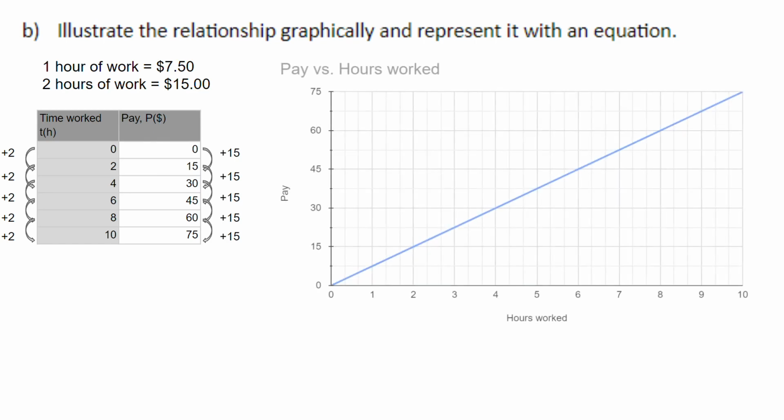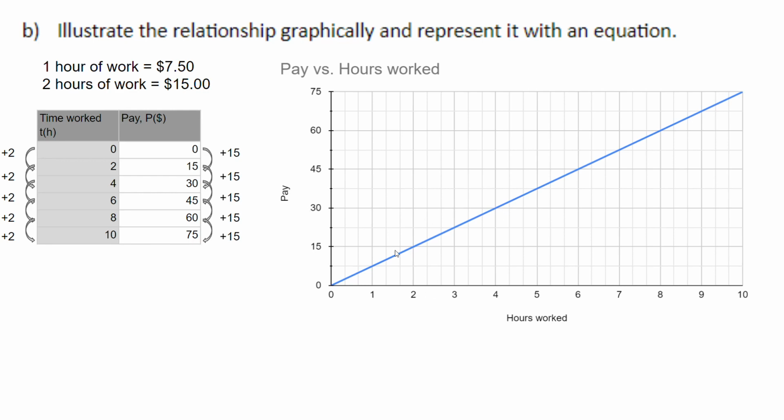So graphically, here's what it looks like. Notice how it starts at 0, 0 at the origin. And notice how the pay is always a multiple of hours. So at 2 hours, we'd have made $15. Okay? At 4 hours, we'd have made $30.